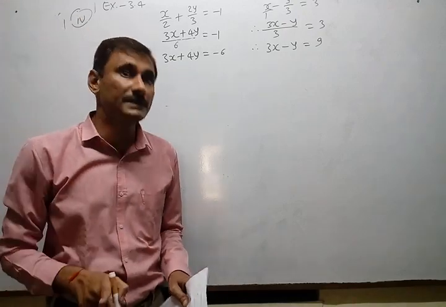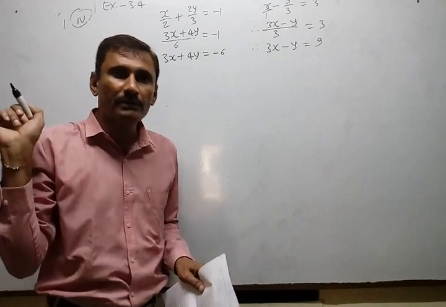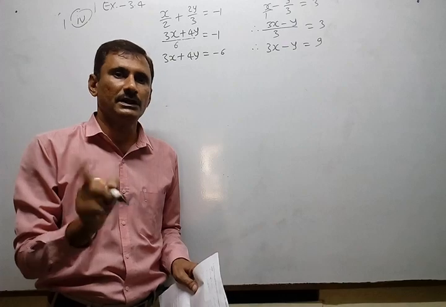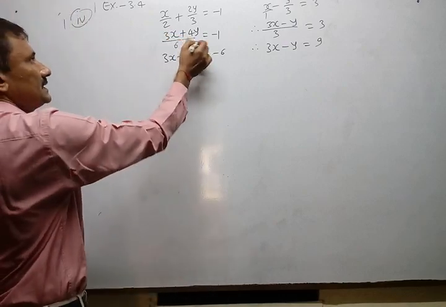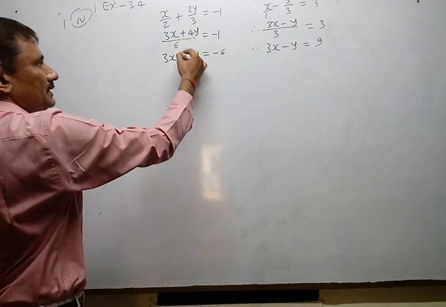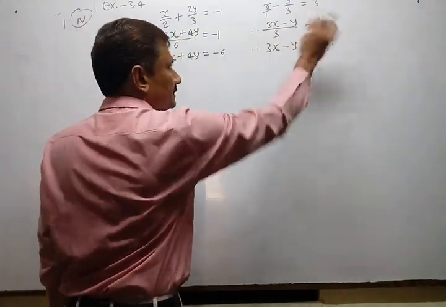Coefficient must be in integer only, not in fraction, not in decimal. In earlier method also we have converted fraction and decimal both into integers. Okay. So here just we take an LCM, cross multiply done, 6 is shifted there. Here also cross multiply, 3 is shifted there.